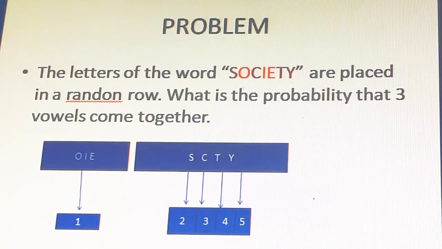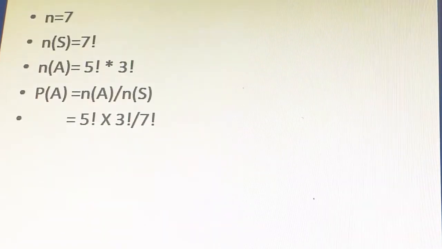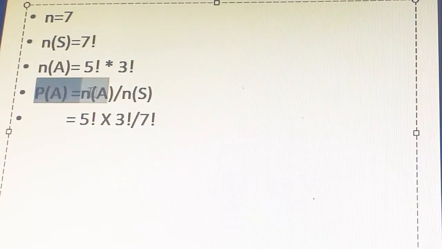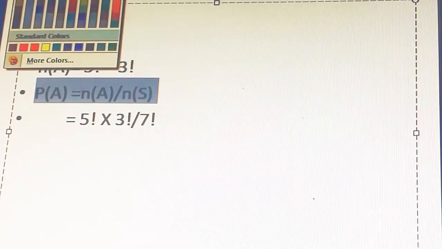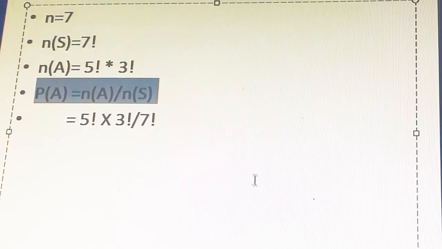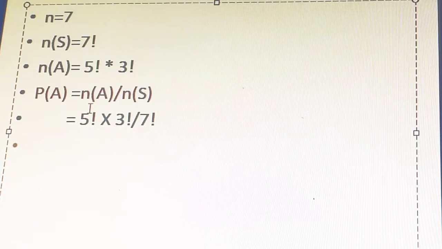For finding the probability, the formula is P(A) = n(A)/n(S). N of A is your favorable outcome. And n of S is the total possible outcome.